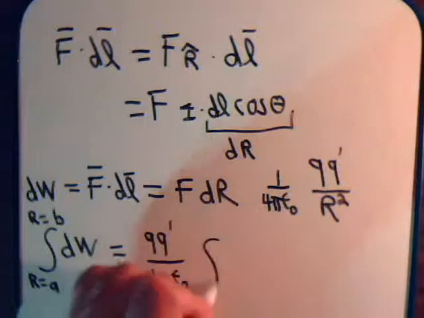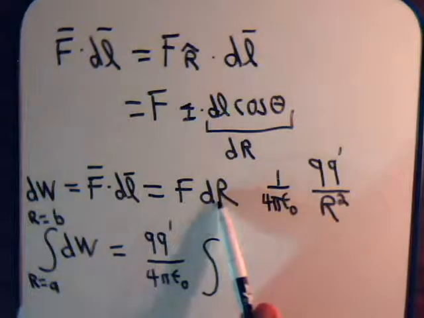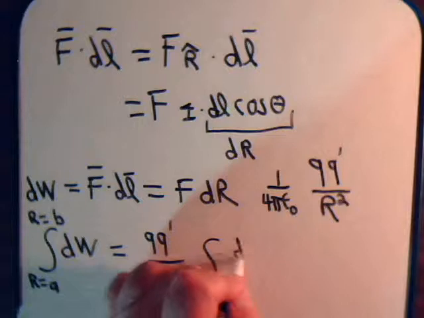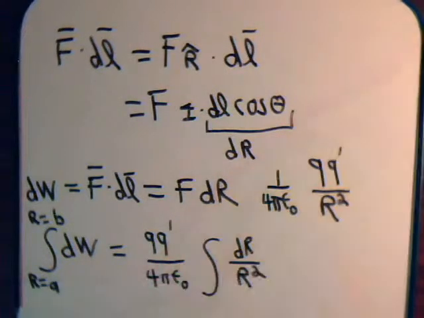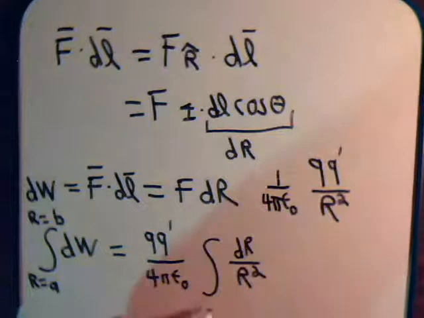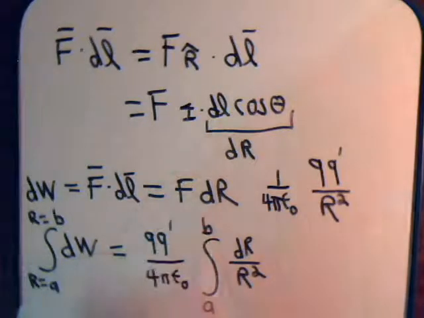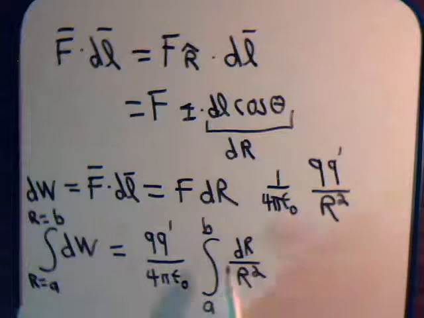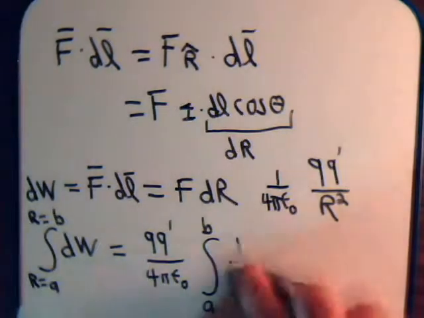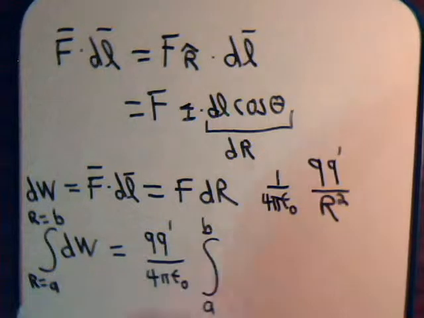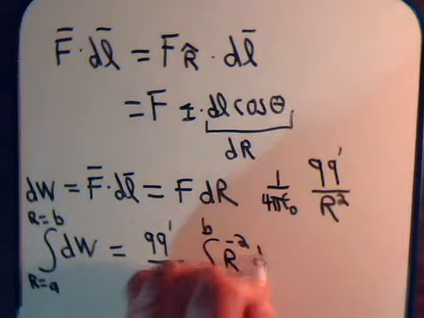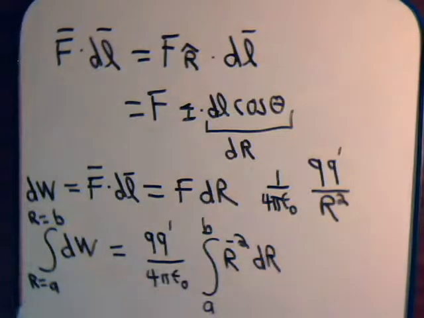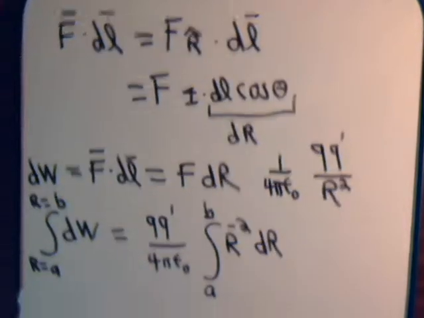Then we have the integral of dr divided by r squared, and r goes from a to b. Or we can write it upstairs with an r to the minus 2. Let's do it like that. So r to the minus 2 dr.